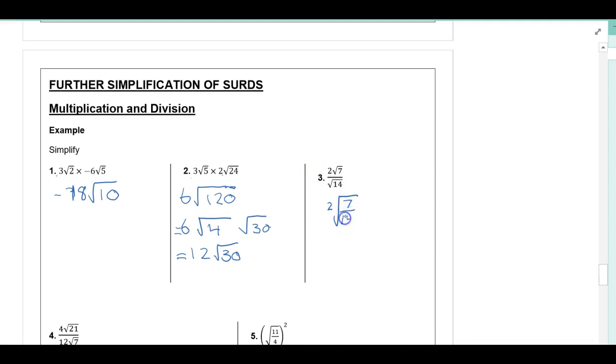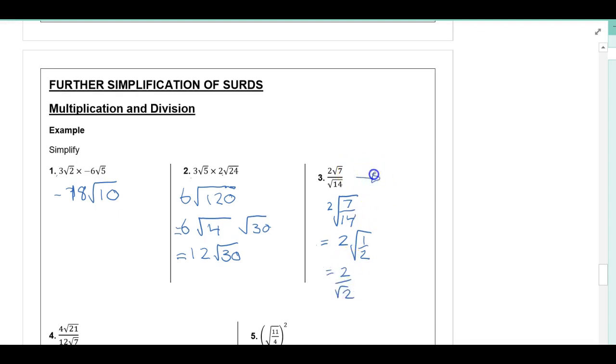we can put ours together like that for our divide, and I'll do that, so that'll leave me 2 root a half, but root 1 is 1, so it's 2 on root 2.